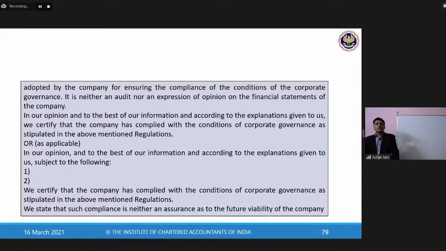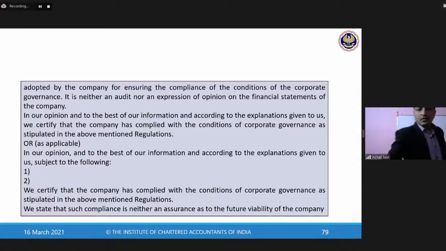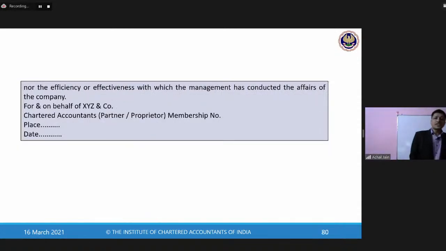Further, we state that such compliance is neither an assurance as to the future viability of the company, nor the efficiency or effectiveness with which the management has conducted the affairs of the company.